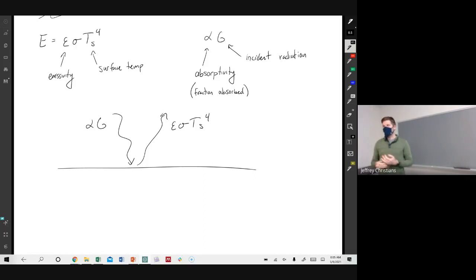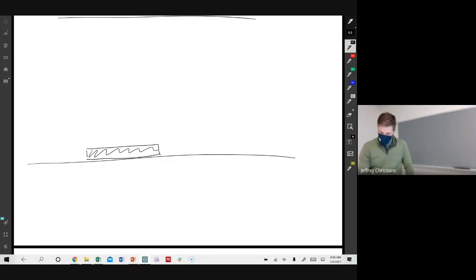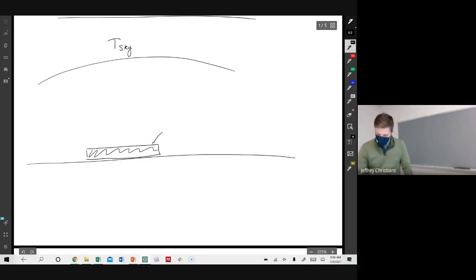Now, where things can get a little equation heavy is when you have absorption and emission between two different things. So if you had, for example, some surface here, we'll say it's on the ground, but we've done problems like this, where we have T sky. So now you're exchanging radiation here. This would be the surface temperature.